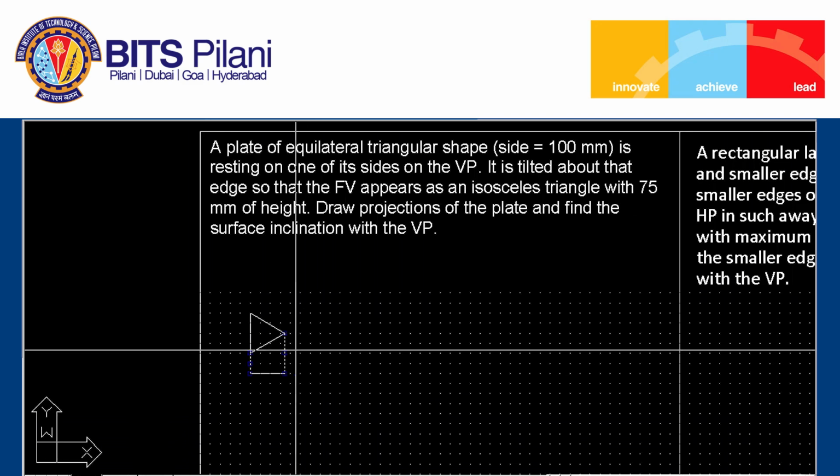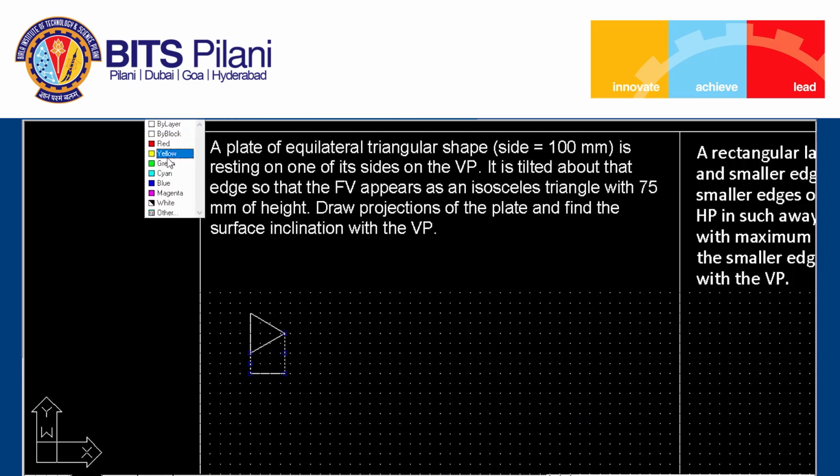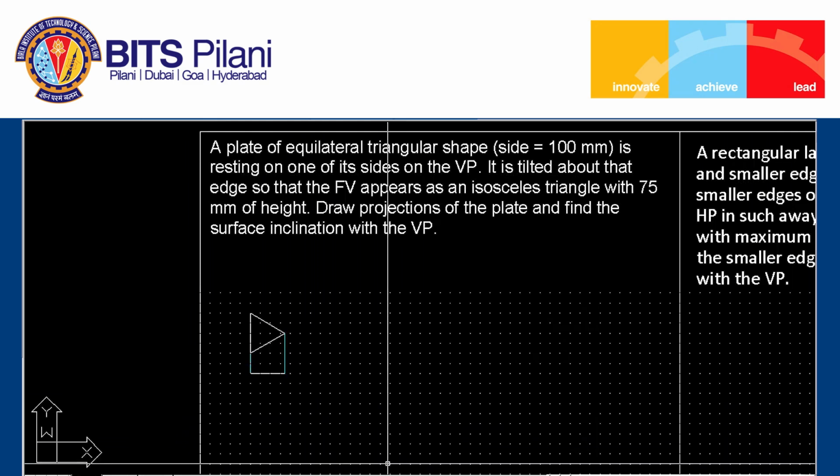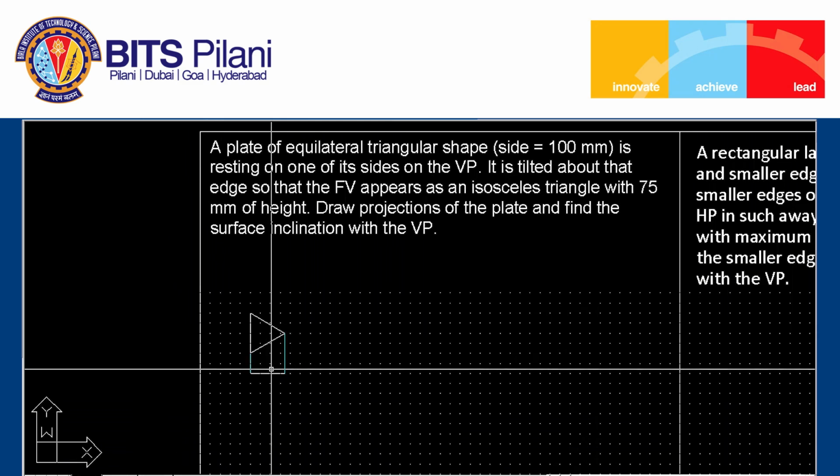So I have the front view of the plane, which is nothing but a triangle, and the top view, which is nothing but a line, and this is kept in the first quadrant. So front view, and exactly below the front view we have the top view.